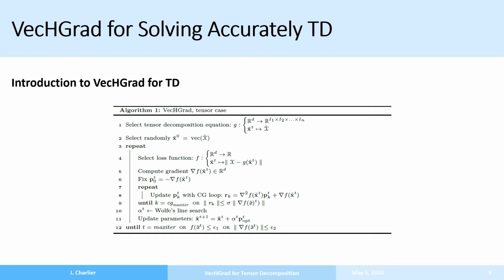Here we summarize the approach of VecHGrad for tensor decomposition. So first we choose a tensor decomposition equation. Then we randomly guess the initial solution of the approximated tensor. Then we select the loss function. In our experiments, we consider the norm function. We compute the gradient. We fix the initial descent direction equal to minus the gradient. We compute the approximation of the inverse of the Hessian matrix using the conjugate gradient loop.